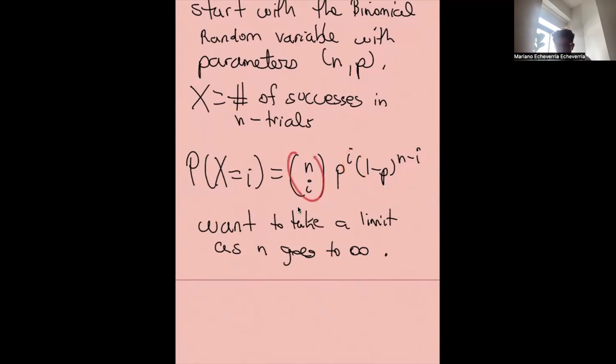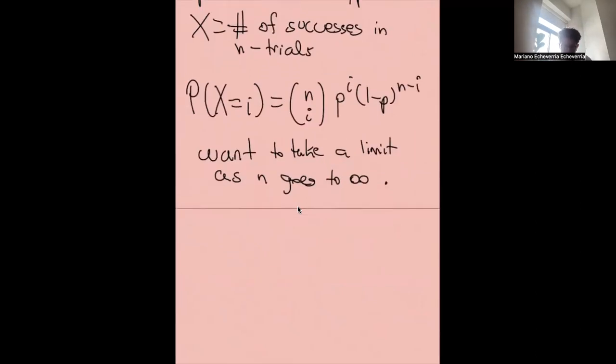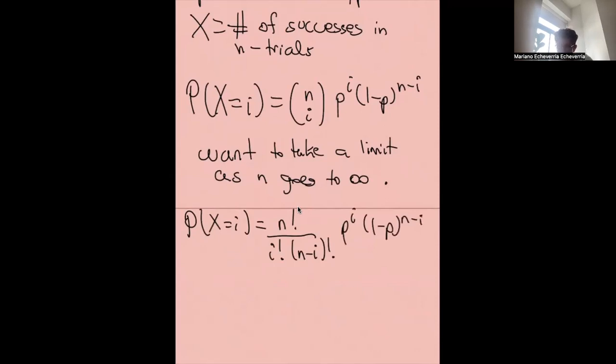Then you have to look at this combination, n choose i. What happens as n goes to infinity? I'll need the expression in a moment. The probability that X equals i is another way to write it: n factorial divided by i factorial times n minus i factorial, times p to the i, times 1 minus p to the n minus i. If you just take n going to infinity, this goes to 0.